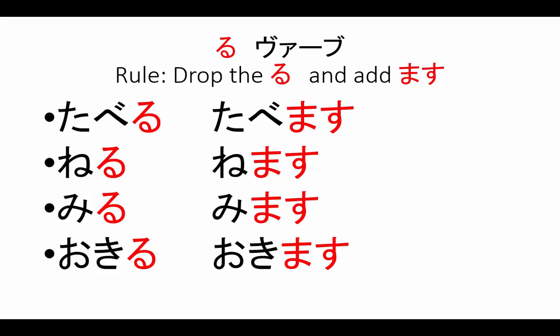You don't have to. Watashi wa tabemasu. I eat. But it's not necessary if the context already made it clear that you're talking about yourself. Same thing for all the other verbs. So neru, nemasu, miru, mimasu, okiru, okimasu. Any questions about ru verbs? Those are pretty straightforward, right?